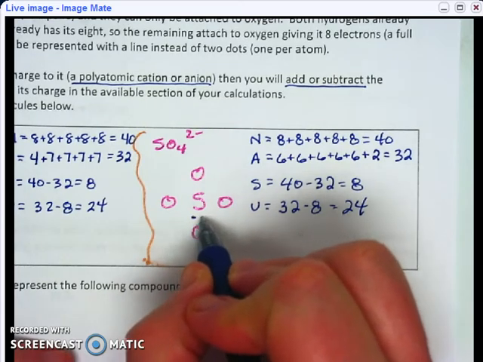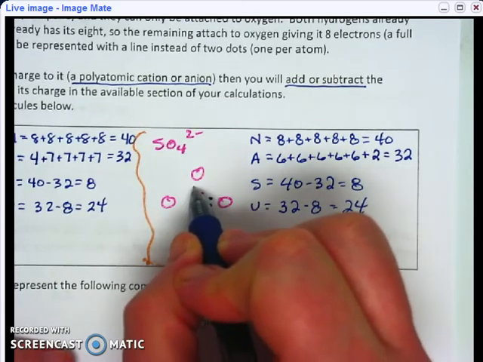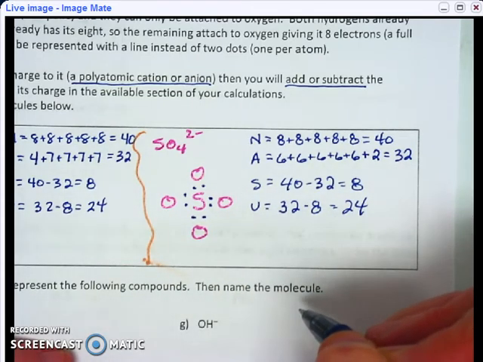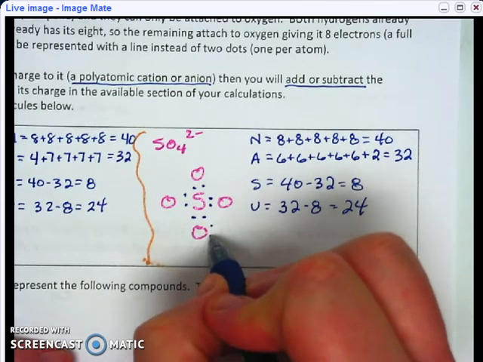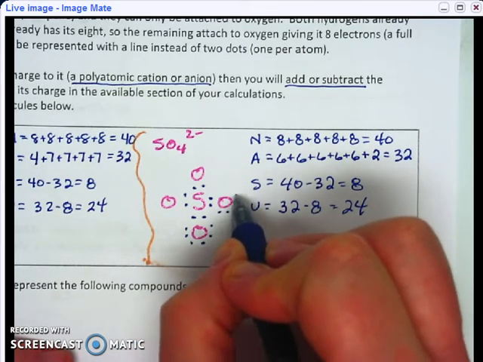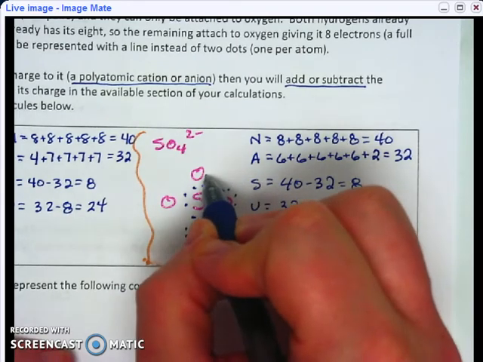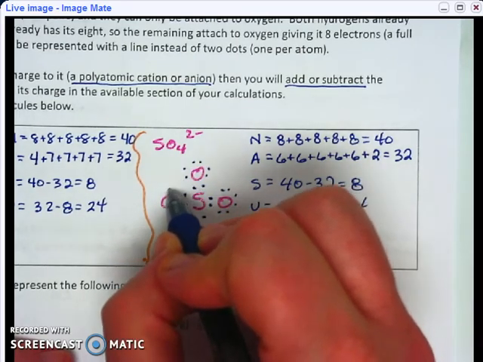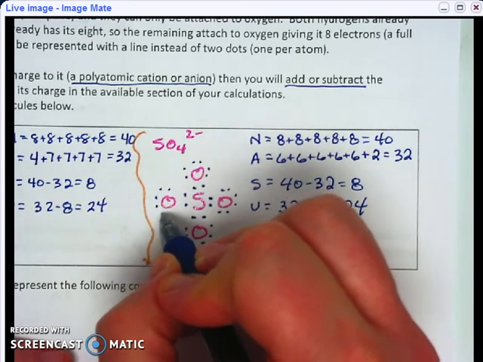So I'm going to put my 8 shared electrons. And then I'm going to place my 24 around here. And it kind of helps explain why SO4 has a -2 charge, because otherwise it wouldn't fit together very well.